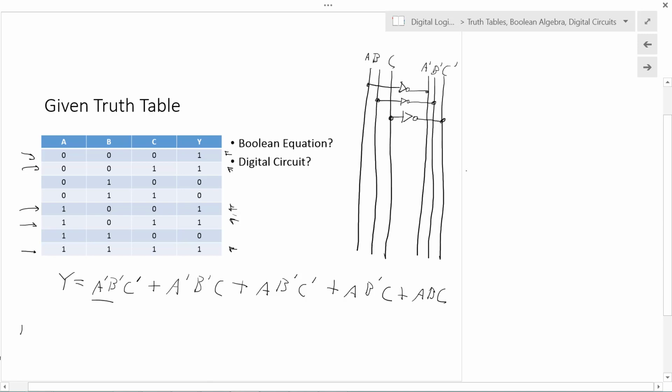Now, how many entries do we have? We have 5 entries in this truth table. 5 1 entries, so we're going to need 5 AND gates if we're blindly following the digital circuit generation algorithm. 1, 2, 3, 4, and 5. A prime and B prime and C prime for the first term.